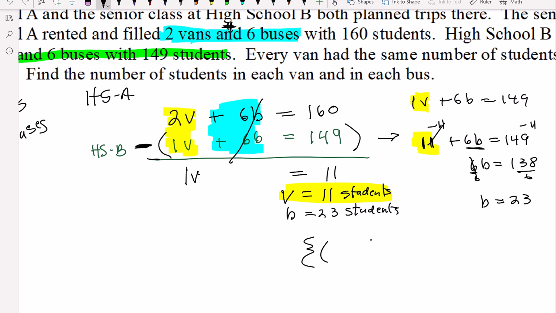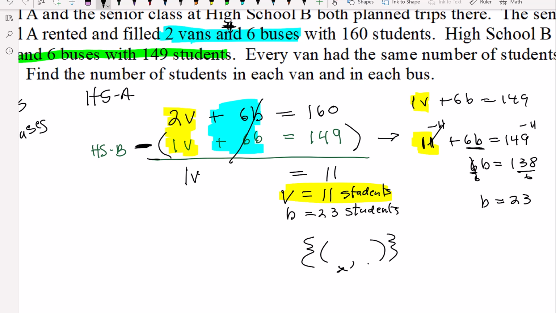Now, if we were to put all this information on a graph and create a line of both situations, they're still going to intersect at this point.